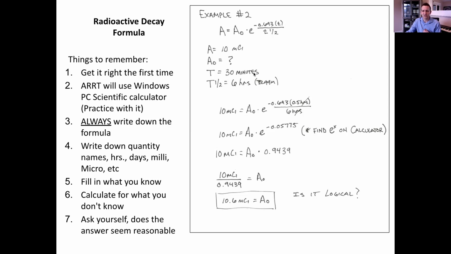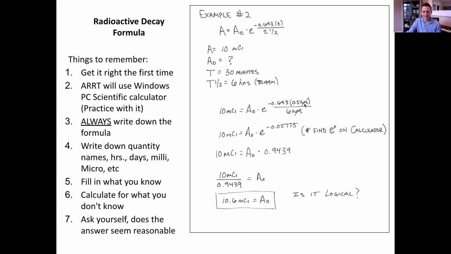I chose to convert my minutes into hours. In this case, 30 minutes is a half hour, which would be 0.5. So when I plugged into my equation, I put 10 millicuries as my activity, equals the original activity, which I don't know, times e to the negative 0.693 times a half hour, or 0.5 hours, all over 6 hours.